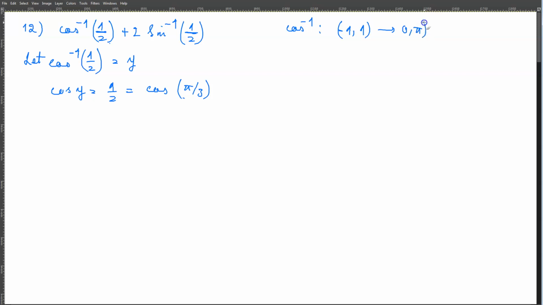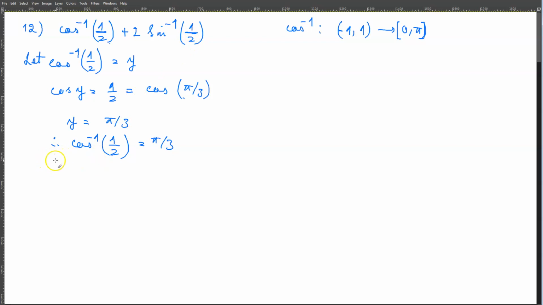It goes to 0 to pi, which means that pi by 3 is actually in the range of this function. So I can say that y is equal to pi by 3, which means that the cos inverse of 1/2 is actually equal to pi by 3, right?